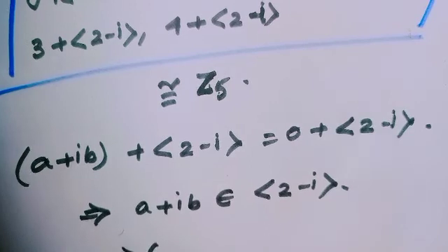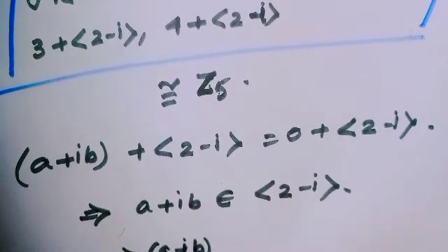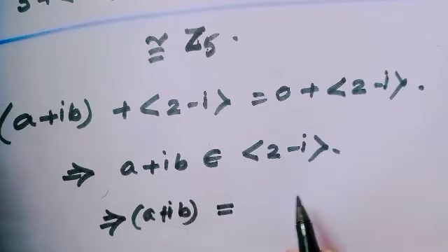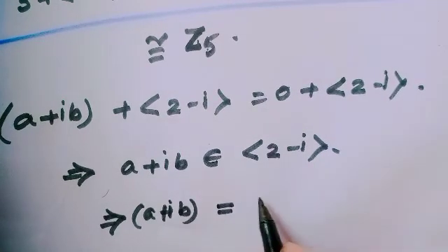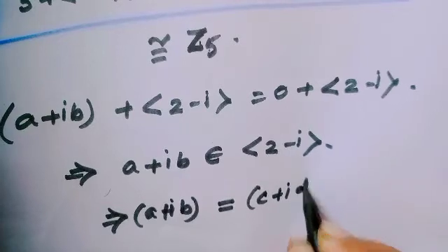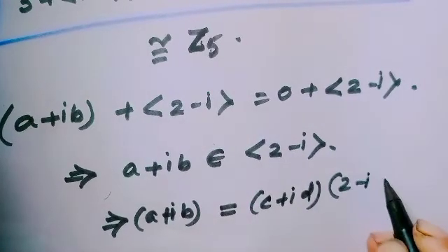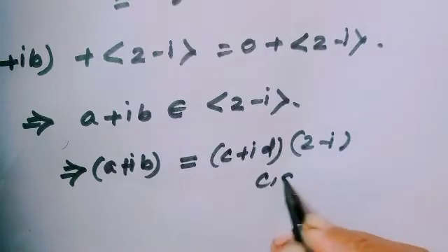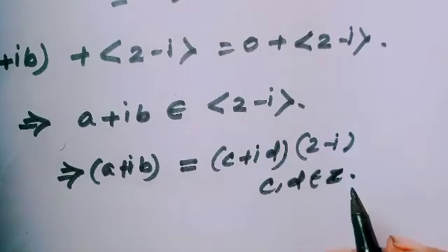as A plus iB equal to all multiples of 2 minus i, that means C plus iD times 2 minus i, where C and D belong to the integers.